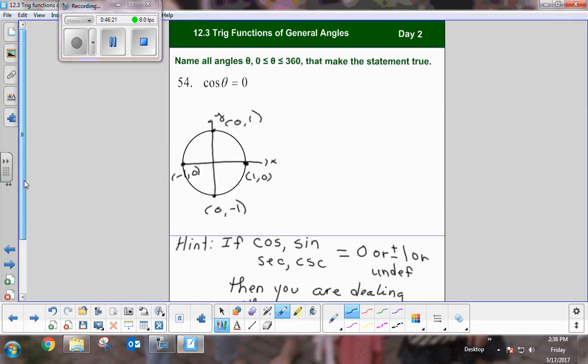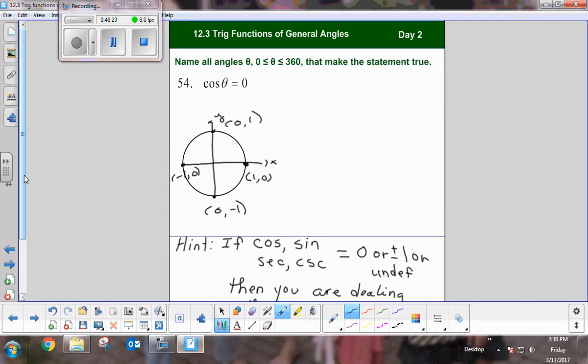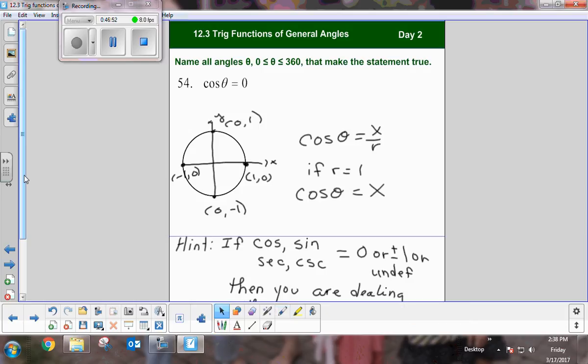Okay, so cosine of theta is 0. So what's the cosine equal to? Cosine of theta is equal to x over r. But if r is 1, which it is in this circle, cosine theta equals x. So I want to know, where is x equal to 0?